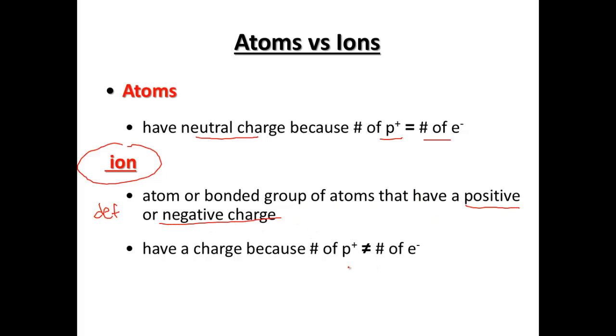So our electrons and protons do not equal each other. This is why they have that charge. So an ion is positively or negatively charged. You're going to see things like Na with a plus, or chlorine with a minus charge, or sulfur with a -2 charge as examples.